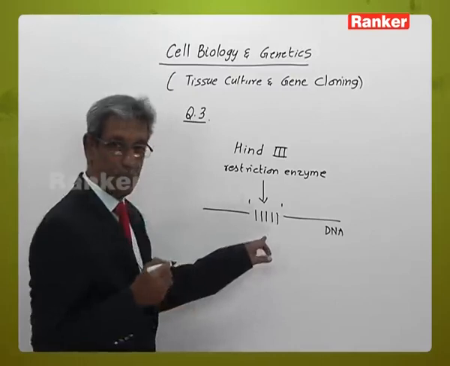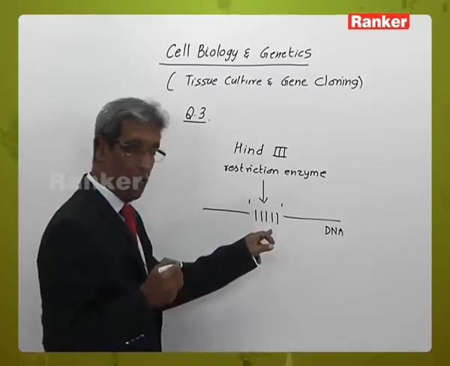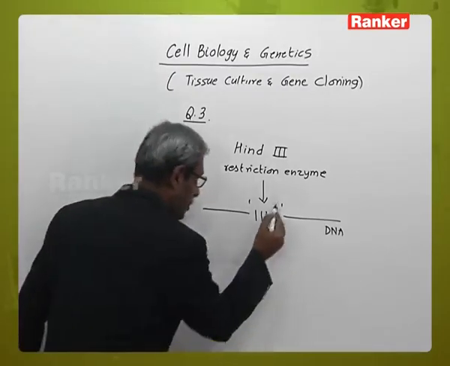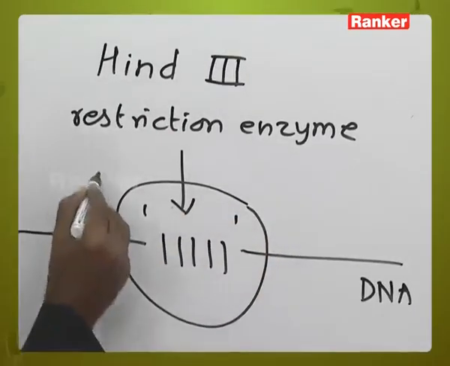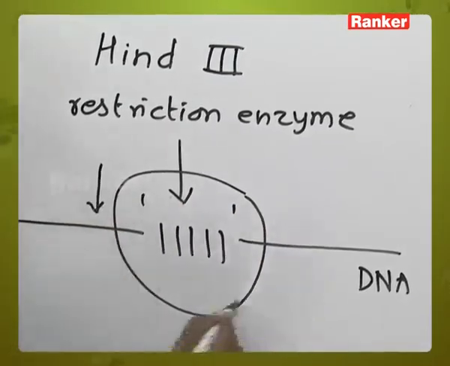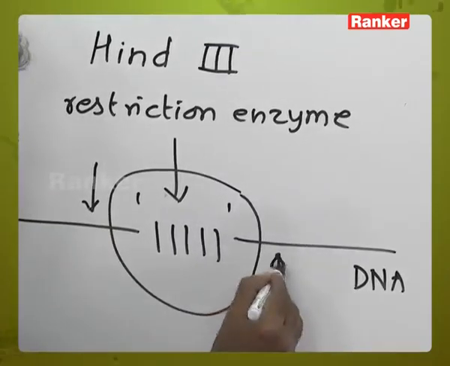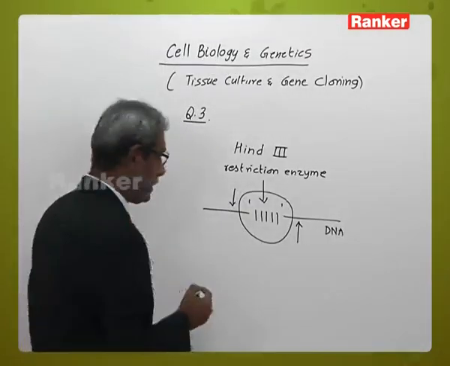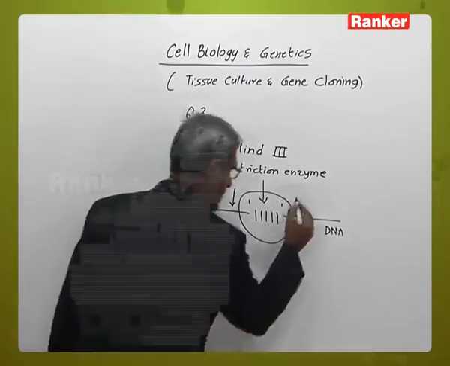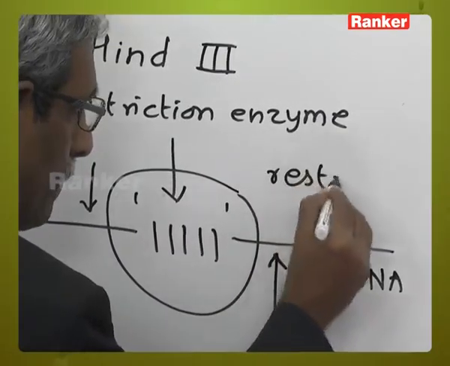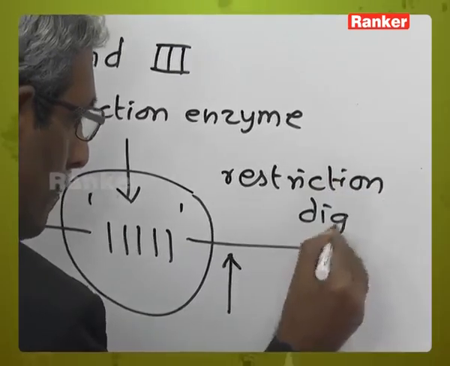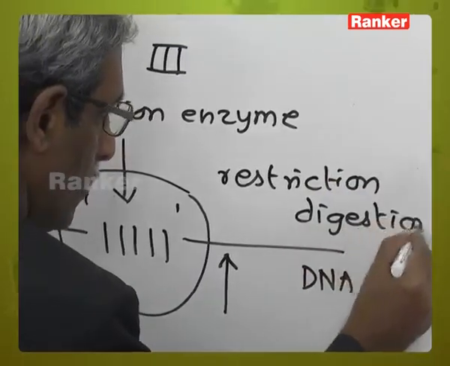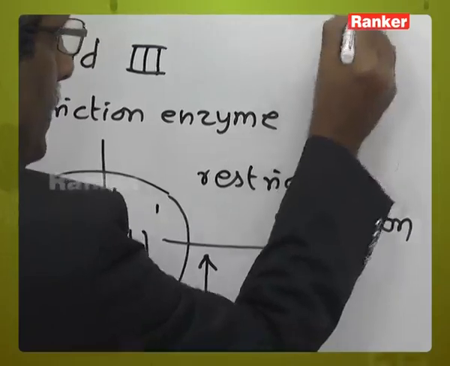It could locate a specific sequence in the entire DNA, and it could remove the sequence. So, when the restriction enzyme cuts the sequence specifically, the term used for this is restriction digestion. Restriction digestion primarily means cleaving.